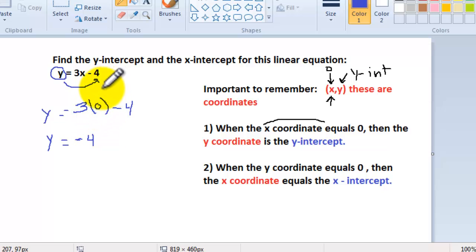Now, when you have a linear equation, the y-intercept doesn't have to be calculated because it's embedded into the equation itself, meaning it's already there. Because as you recall in the last video, when you have a linear equation, y equals mx plus b, this number here is the y-intercept.